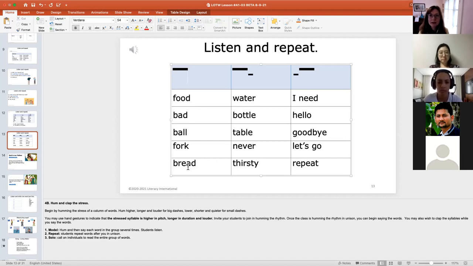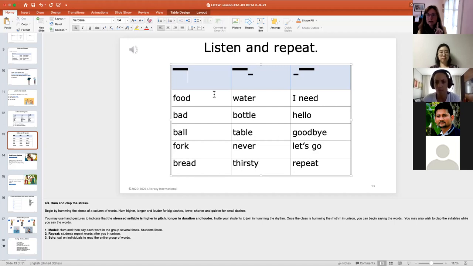So let's start out with column number 1. These are 1-syllable words. This is the easiest. We just show them, and then I go through and read the words and show that it's 1 syllable. Food, bad, ball, fork, bread.